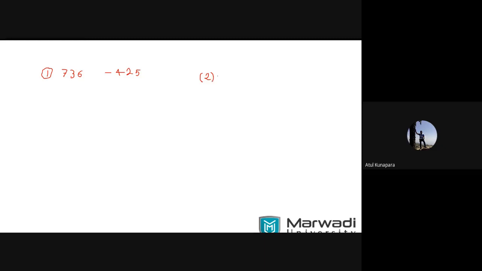There I will give you decimal points. Minus. Okay, all of you do these two subtractions. First subtract 736 minus 425 using nines complement form.